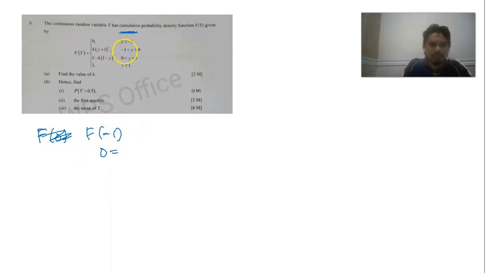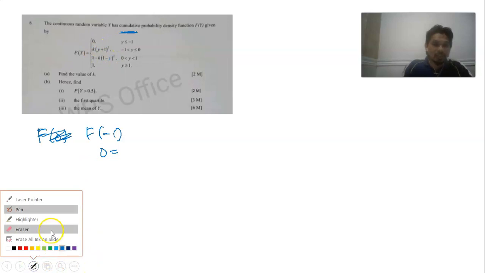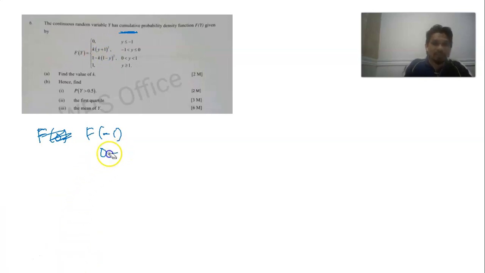And for -1 also, we have -1 plus 1. Oh no, we cannot use -1 and -1 because -1 plus 1 equals 0, 0 squared is 0, times k equals 0. 0 and 0, meaningless. We cannot use the value of y which is -1. No, we use 0 then.